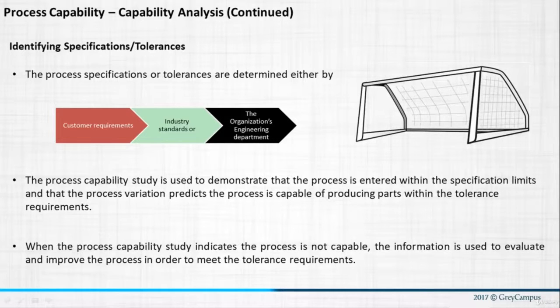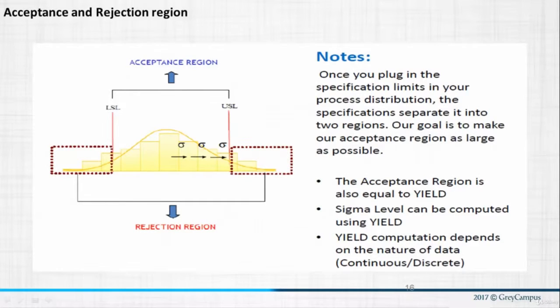Having specification limits clearly defined and agreed to is a key point early on in determining process capability. You can see here, anything outside of those specification limits is going to be a rejection. Anything within those specification limits is accepted. That's why these things need to be clearly established and agreed to.